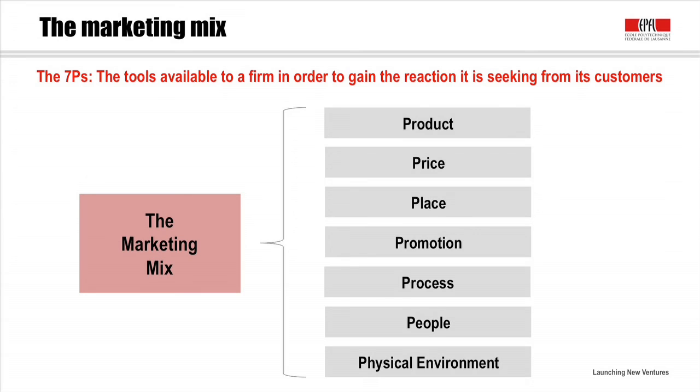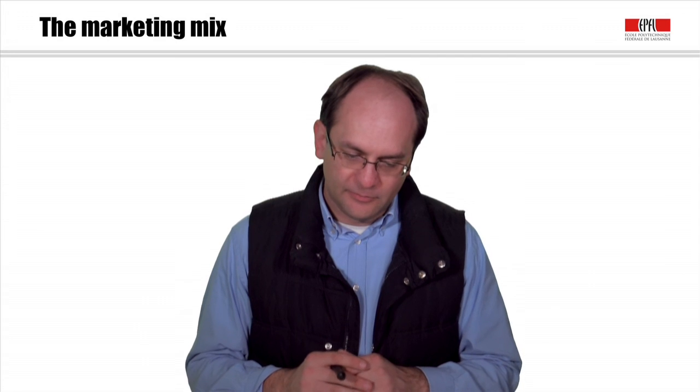And as you see already by looking at the name of these elements, this is really hands-on, as I said. So let's walk you through some of these decision points and what you can possibly do about the product, price, place, etc. What are common fallacies? What are common recommendations in that sense? But let me also stress that at the end of the day, these all need to form a coherent view.